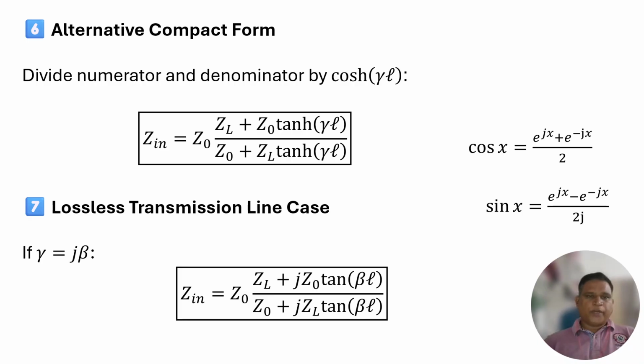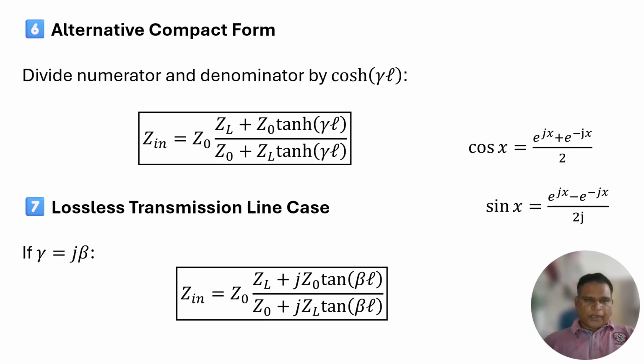Now, dividing the numerator and the denominator by cosh gamma L, we will get the expression in terms of tanh gamma L. That is, Zin is equal to Z0 times ZL plus Z0 tanh gamma L divided by Z0 plus ZL tanh gamma L. For the lossless transmission line case, the attenuation constant alpha is equal to 0. The propagation constant gamma is equal to alpha plus j beta. Alpha is equal to 0. Therefore, gamma is equal to j beta.